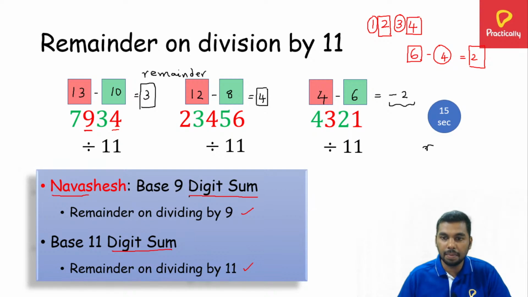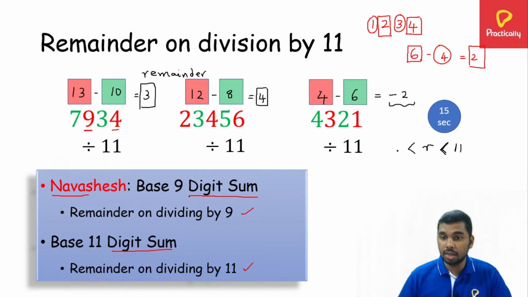If I call the remainder r, this r should always be less than 11. This is the symbol less than, and the number that we are dividing by is 11. So the remainder should always be less than 11. You can see the previous examples: the remainder was 3 and 4, which is definitely less than 11.